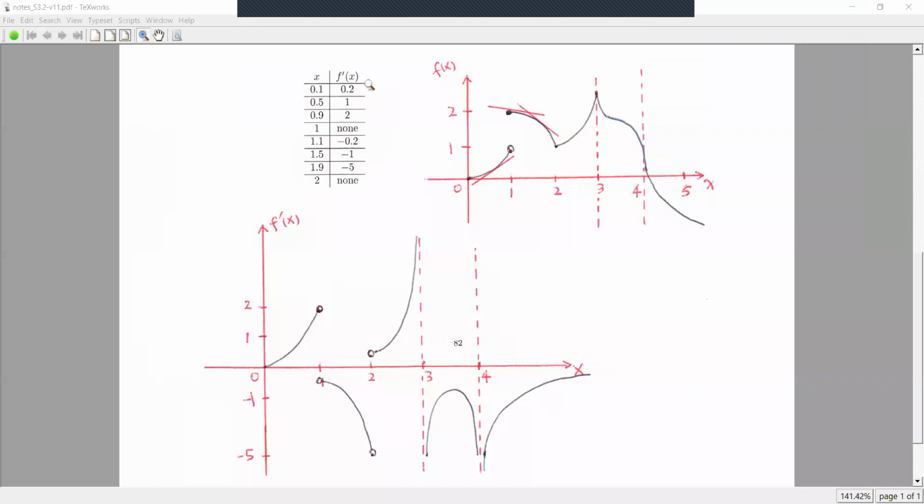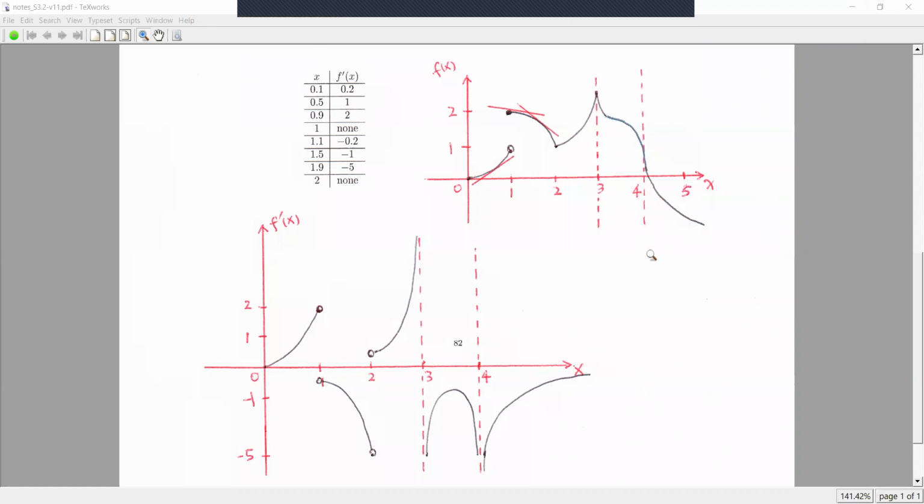Now, I sketch the last piece of the graph of the derivative function, the piece between 4 and 5. Between 4 and 5, all the tangent lines have negative slopes. So between 4 and 5, derivative everywhere is negative.